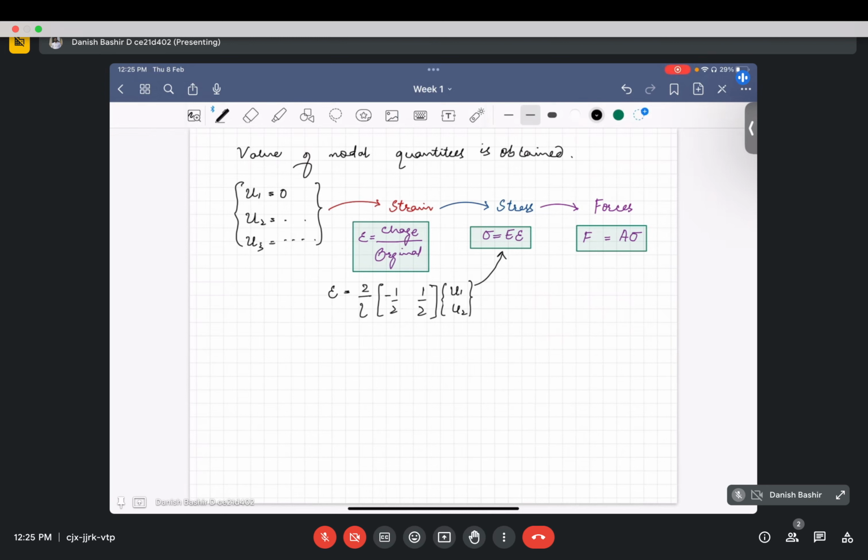Now you have the same bar problem. These bar problems can be arranged in any fashion to make a truss. You know that a truss is an assembly of bars in different fashion. The same truss elements can be obtained in 1D and 2D fashion to form truss girders, and two or three girders can be placed together to form a bridge deck. How do we analyze that bridge deck?